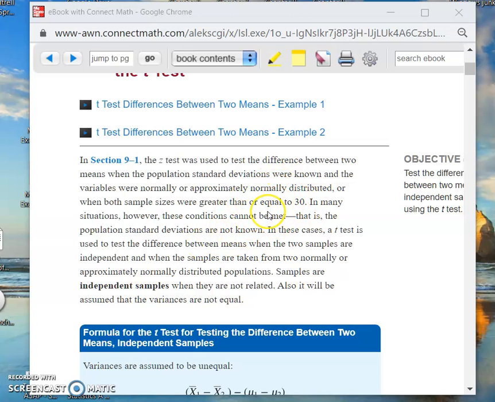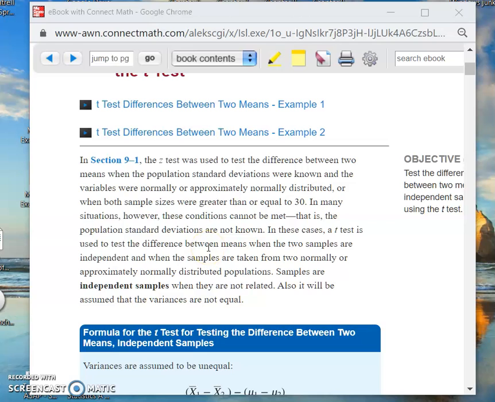This author says it has to be approximately normal, and then both sample sizes have to be greater than or equal to 30. It's disjunctive, because it's one or the other: it has to be approximately normal, or the sample sizes have to be greater than or equal to 30.